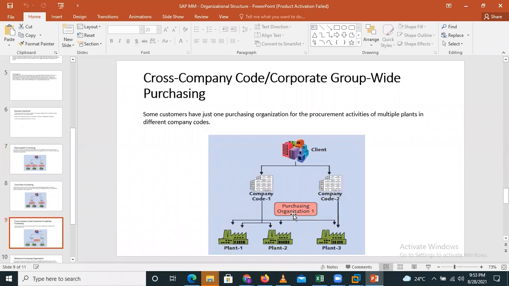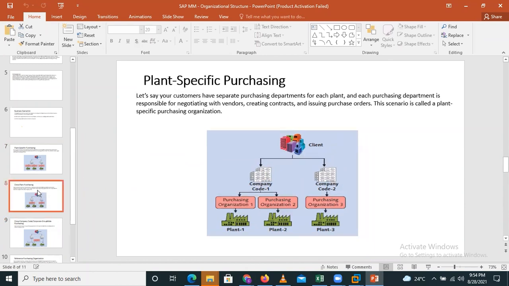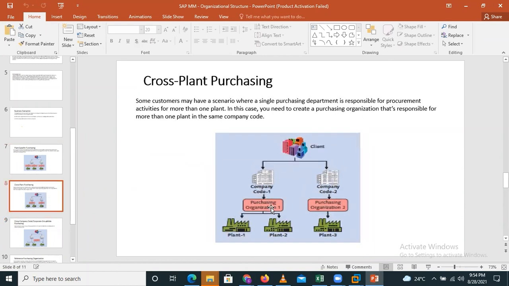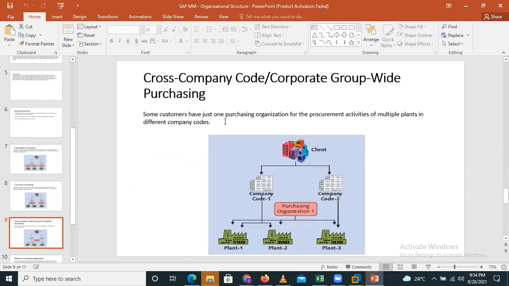So assignment of purchasing organization to plant is a must, but assignment to company code depends on your business scenario. If you are using plant specific purchasing or cross plant purchasing, we need to assign our purchasing organization to company code. But if you are doing cross company code purchasing, it is not required to assign the purchasing organization to company code.